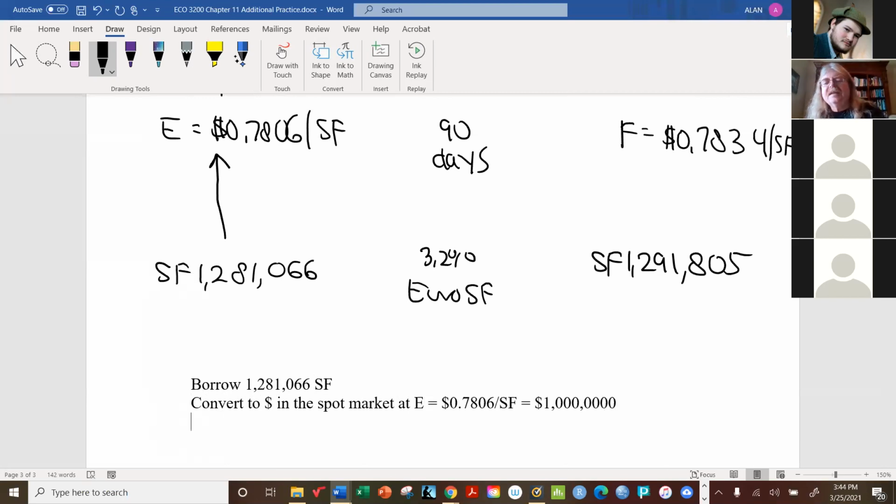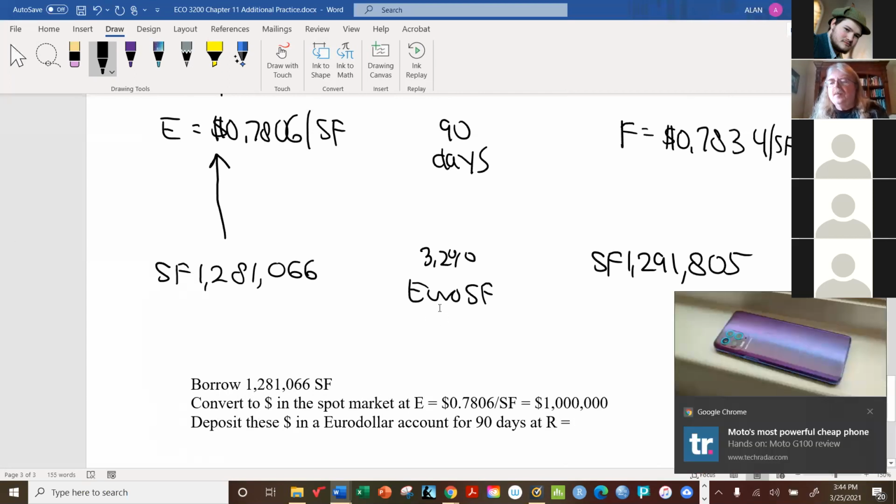We like numbers to be nice and neat, don't we? Yes, we do. So anyway, deposit these dollars in a eurodollar account for 90 days at the rate of whatever they gave us. It's 4.8.